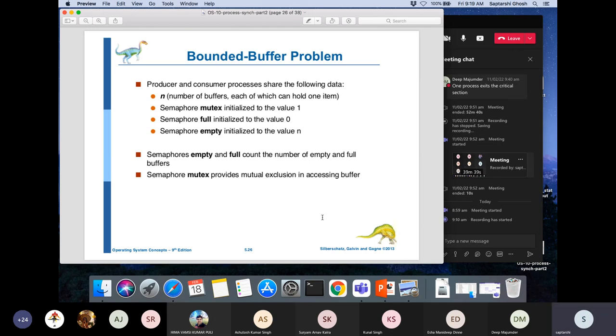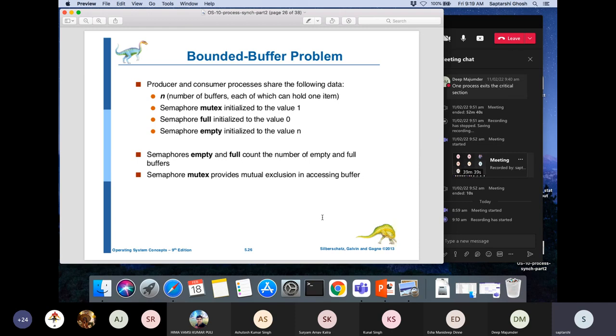Here for simplicity we are considering one producer and one consumer, though in the third problem we will generalize the situation further. So bear with me. Here there is only one producer and one consumer, and there is a bounded buffer. Because the buffer is bounded, the producer and consumer need to keep track of how many elements have been filled. If the buffer is full already, the producer should not try to write more. Or if the buffer is empty, then the consumer should not try to read from it.